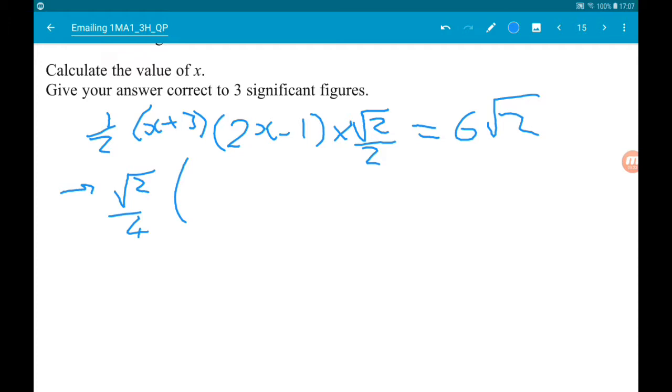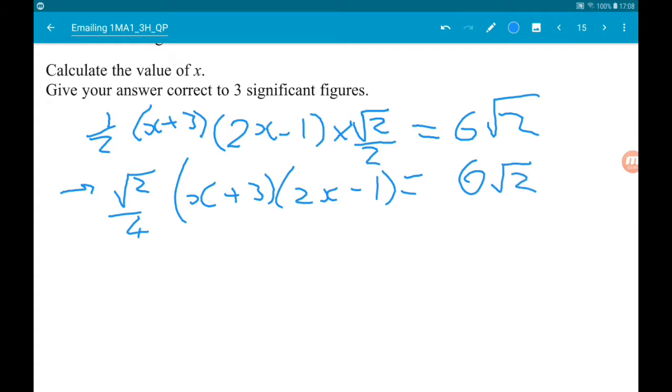times x add 3, 2x minus 1 is equal to 6 root 2. Now we can divide both sides by root 2, so the root 2 goes, and if we multiply both sides by 4, we get rid of that over 4 on the left.